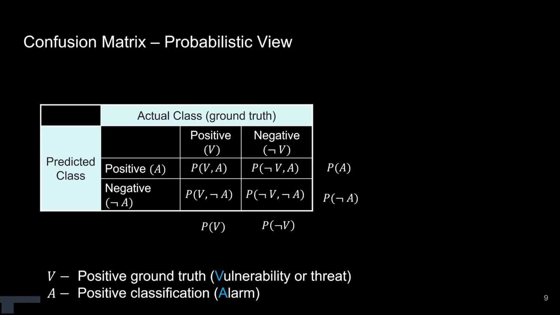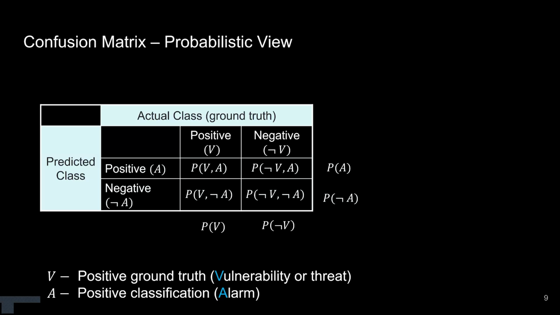So in our ground truth, for simplicity, let's just call the positive class a vulnerability. That's the V here, and then you have the not V, which is the negative. Similarly, the classifier produces an alarm, that's the A, or it does not produce an alarm, which is not A. So your true positives can be thought of as a joint probability distribution of these two variables.